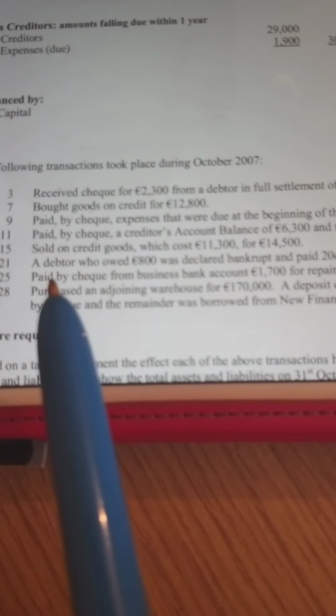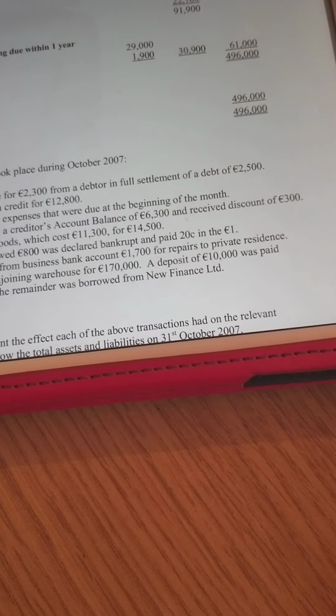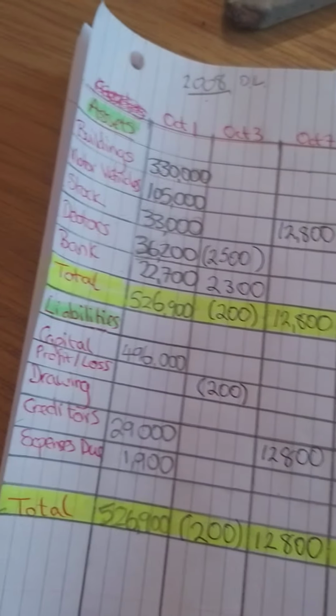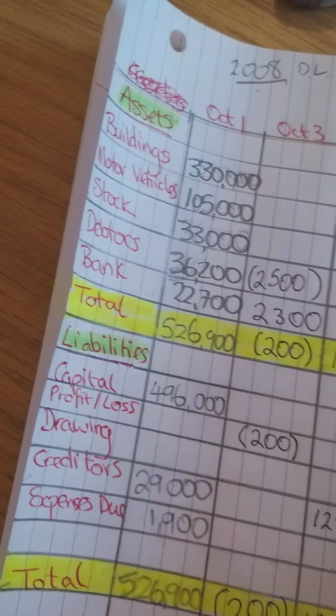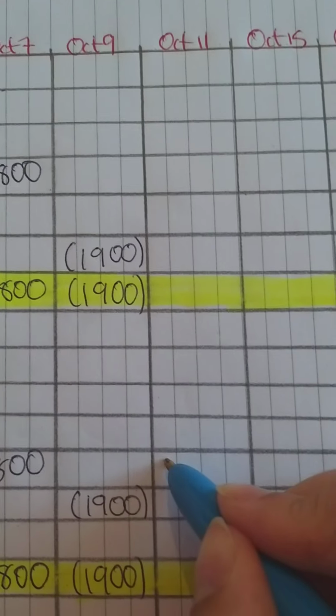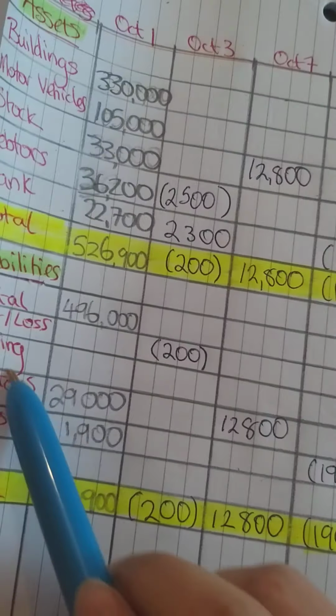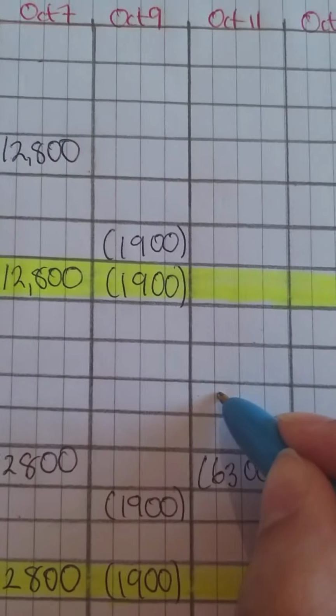Now we're going on to October the 11th. October the 11th says paid by cheque a creditor's account balance of 6,300 and received a discount of 300. Okay, so that means that if it was 6,300, our creditors are being reduced by 6,300. In our profit and loss, we've made a profit of 300.